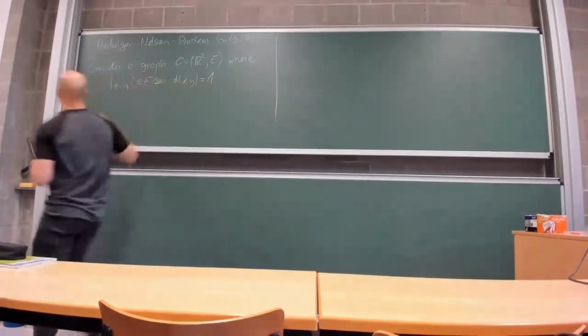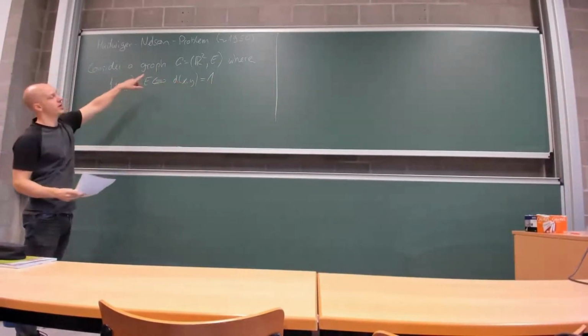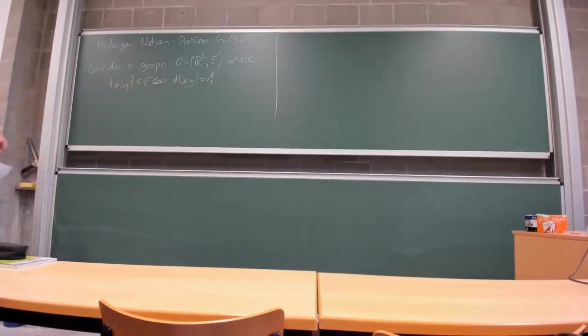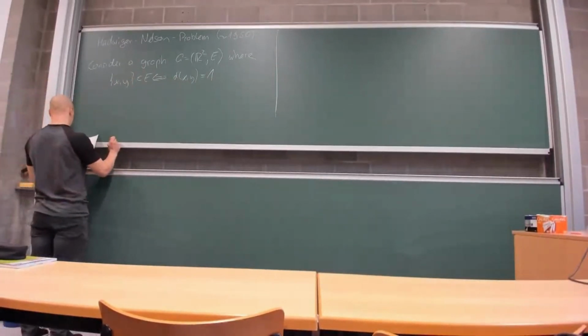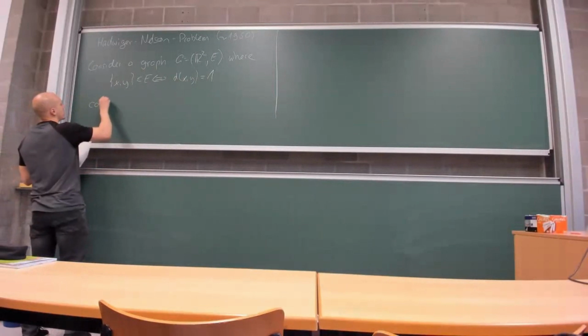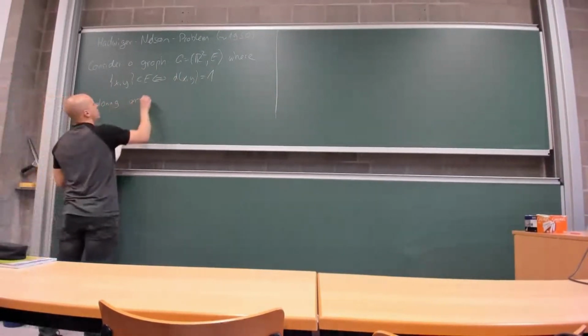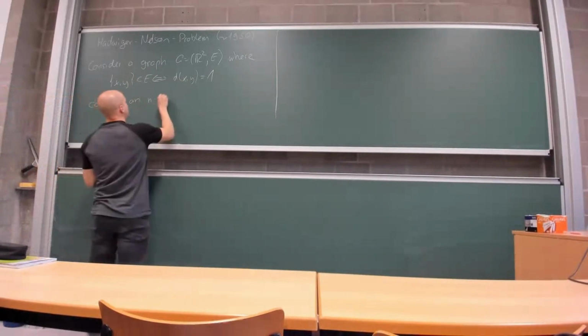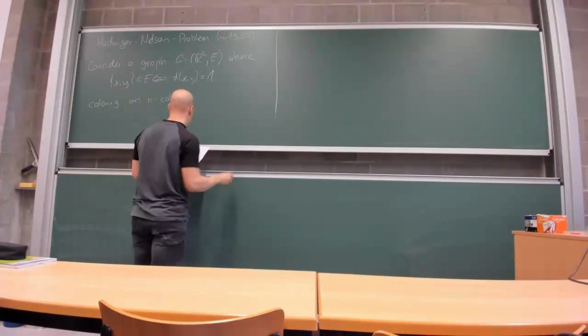And so the problem is now about coloring the vertices of this graph. Let me fix some notation. I would like to talk about an n-coloring of a graph.